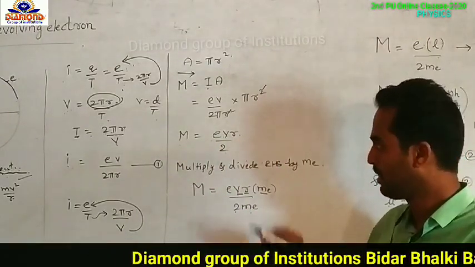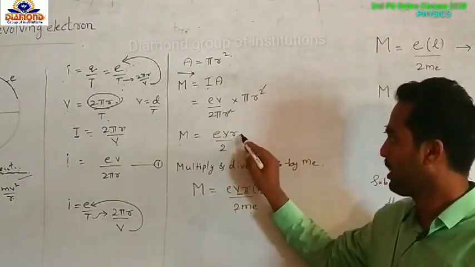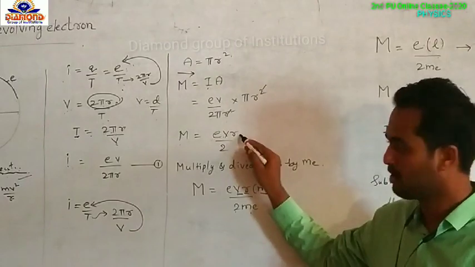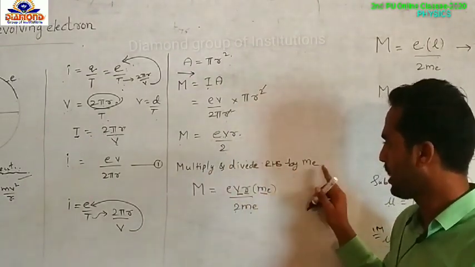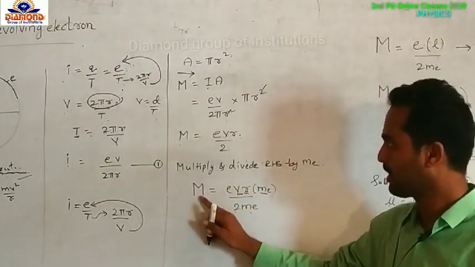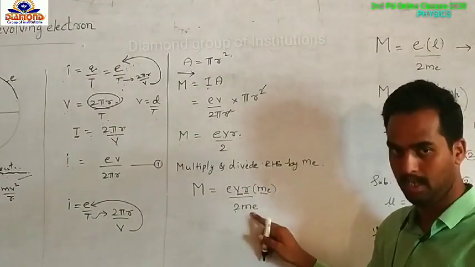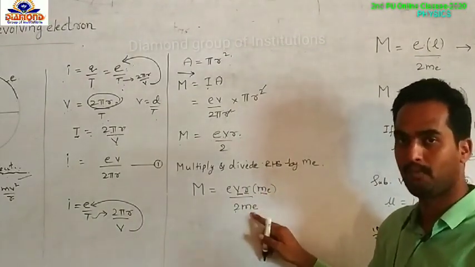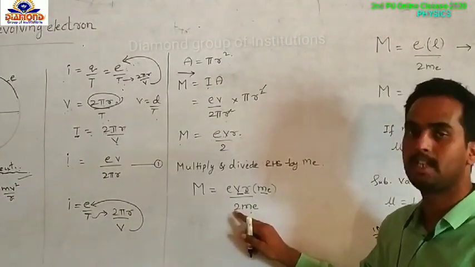Now this value we should convert into angular momentum. Here the m value, the mass, is missing. So that's why we are multiplying and dividing the right hand side by the mass of an electron. So m as it is, evr as it is, m_e by m_e, that is multiplying by the mass of the electron and dividing by the mass of the electron, and 2 remains as it is.